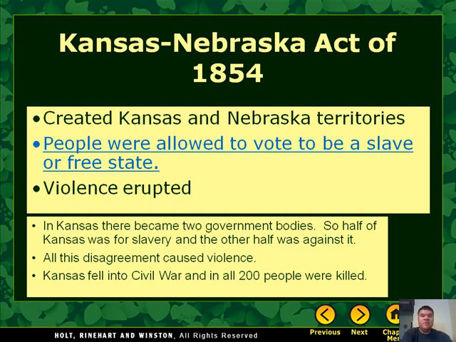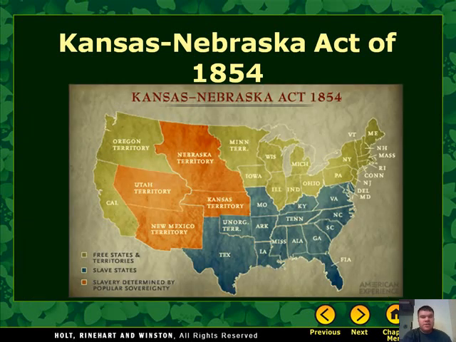And that wasn't settled until the Civil War finished. Here you can see the different colors, the green indicating free states, the blue indicating slave states, and then the orange indicating states that were allowed to vote whether they were going to be free or slave. And Kansas territory was where the violence erupted.